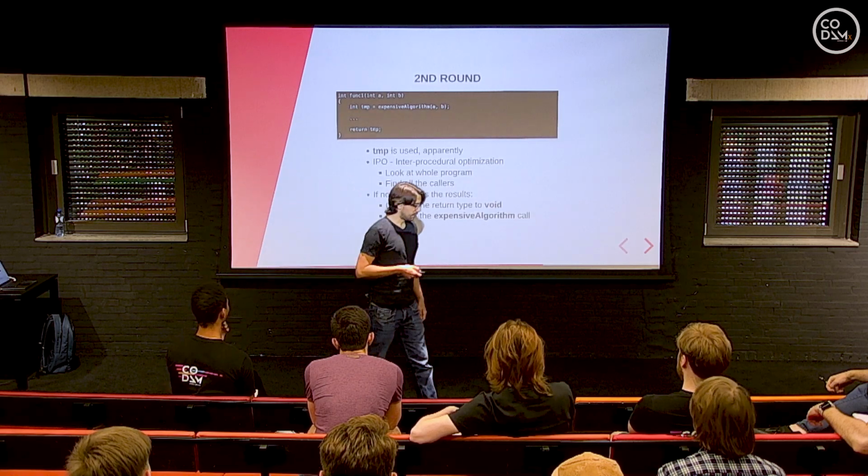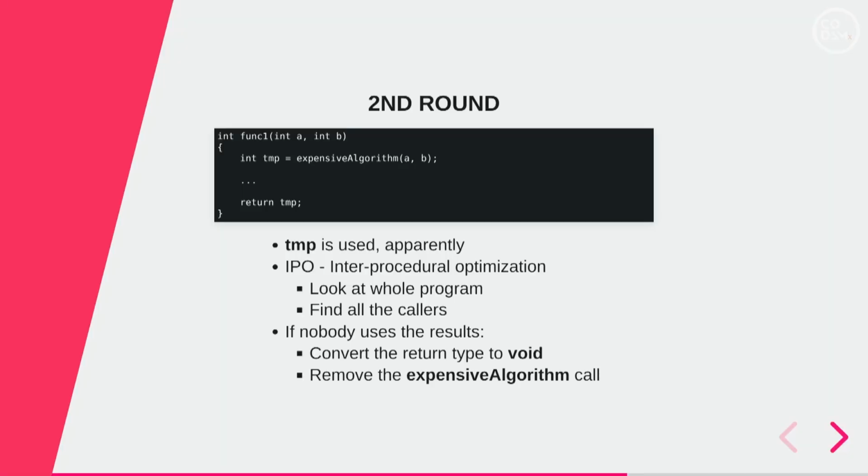In this case, we have a similar scenario, but now the variable TMP is obviously used. It's written there, it's used as the return value. Can we do something about that? Well, DCE cannot solve the problem for us anymore, but we can try something different. We can use a class of optimizations called IPO, which means interprocedural optimizations. These look at the whole program and try to figure out whether this value is ever actually used.